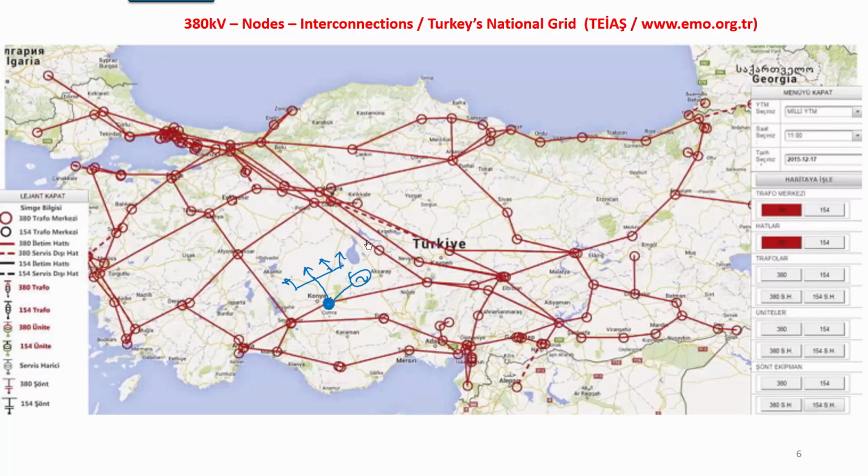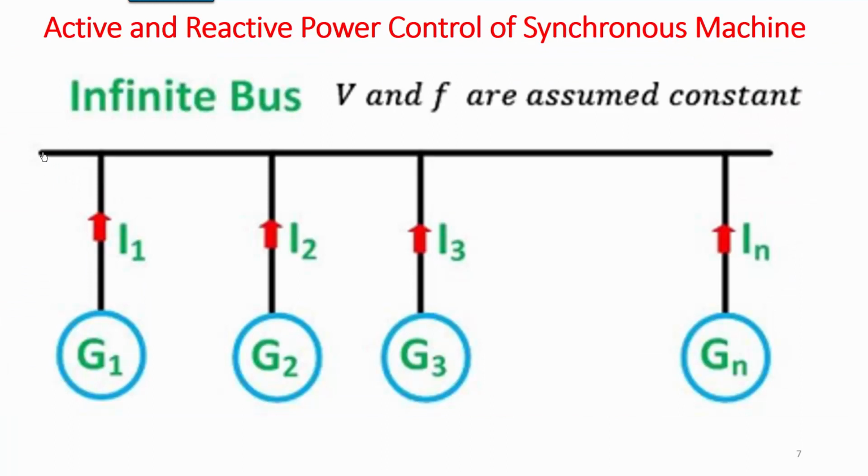Behind such a large network, there are multiple generators supplying Turkish national system. Those multiple generators or generating units construct a system called an infinite bus.